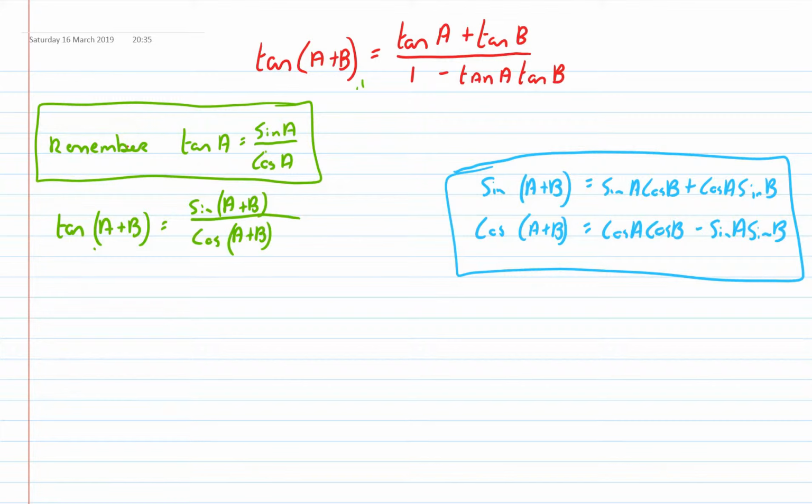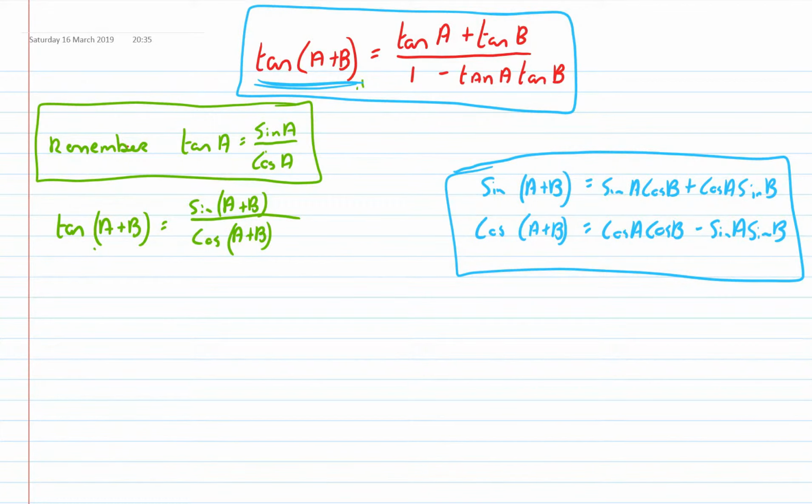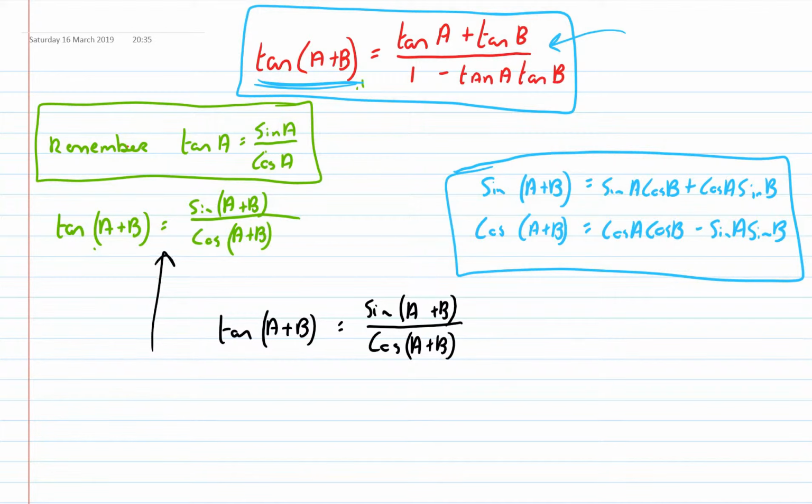Okay, so looking at this, and specifically this bit, we want to prove that tan(A + B) is this. The first thing I can say is that tan(A + B) is actually the same as sine(A + B) over cos(A + B), and I'm getting that from here.